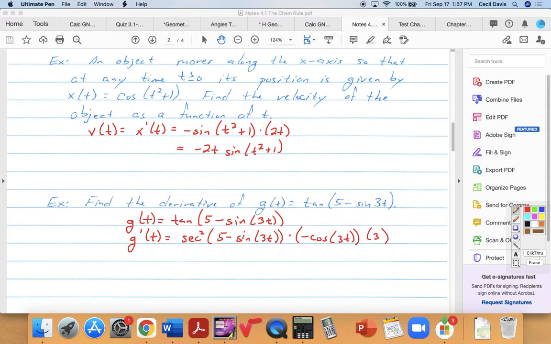Typically what we'll do on one like this is take any constants that we can factor out, put them all together at the beginning of the expression. So this would be negative 3 secant squared of 5 minus sine 3t times cosine 3t.